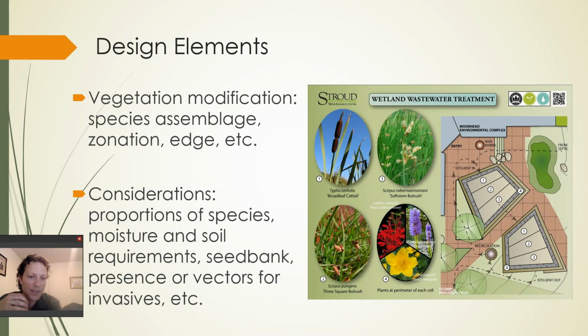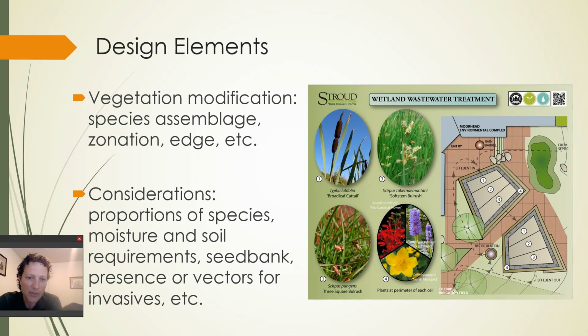Most projects have to address vegetation. You may be introducing or reintroducing native species, but you may also be working on more complicated goals like vegetation zones, edge habitat, etc. Very rarely are you just trying to bring one species back into a site, but you're trying to bring a community of species back into a site.